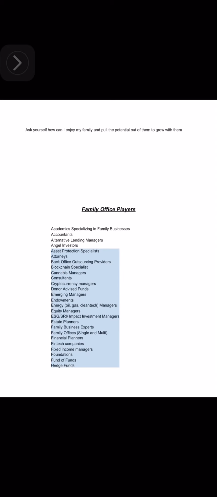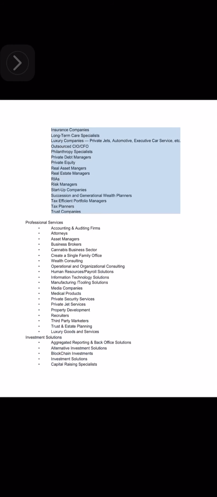Outsourced CFO, philanthropy specialists, private debt managers, private equity, real asset managers, real estate managers, REIAs, risk managers, startup companies, succession and generational wealth planners, tax efficient portfolio managers, tax planners, trust companies.